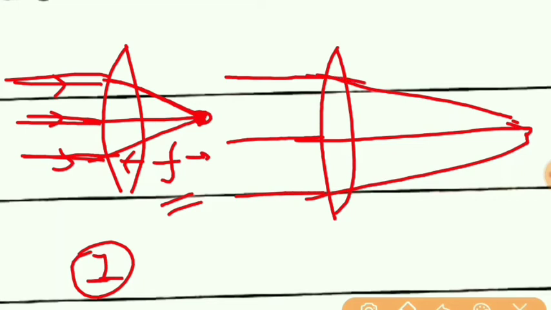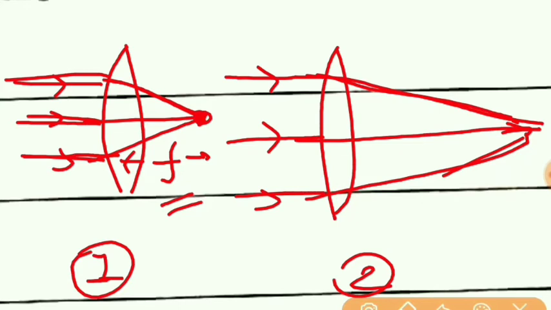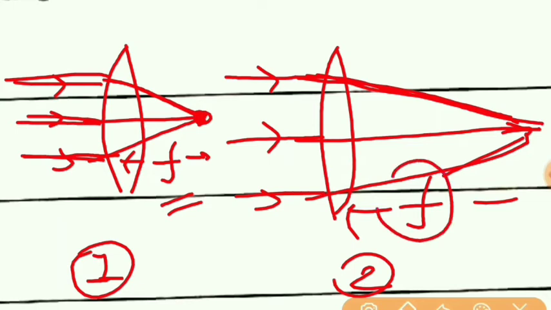In the second lens, the rays are diverging less, and so focal length is more. And if the focal length is more, then power is less. So it is clear that power P is the inverse of focal length.